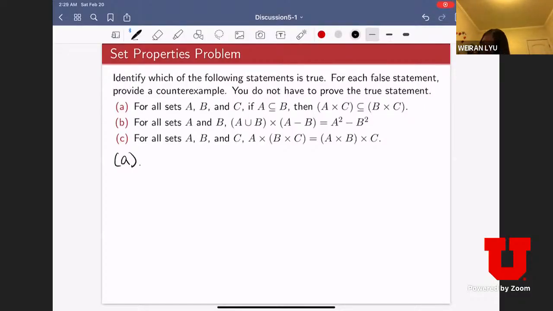For counterexamples, you always want to start with something really simple, containing just one element in the set, and see if that fails the statement.